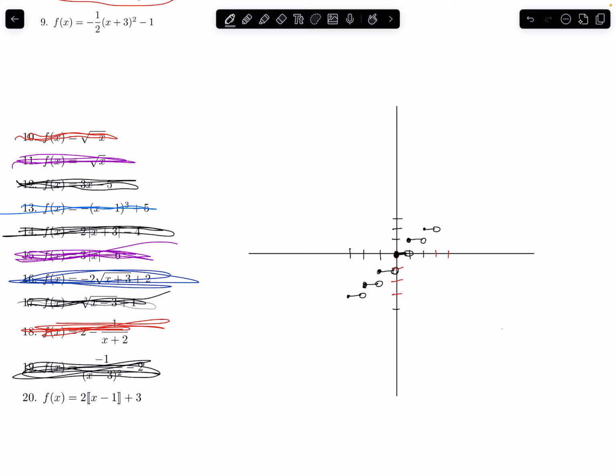What's happening to this one? Well, you get this -1. That means it's shifted to the right by 1. You got a +3, shifted up by 3. So let's take this original shape, right? It's gonna go 1 to the right and up 3. 1, 2, 3. So it's gonna start over here.